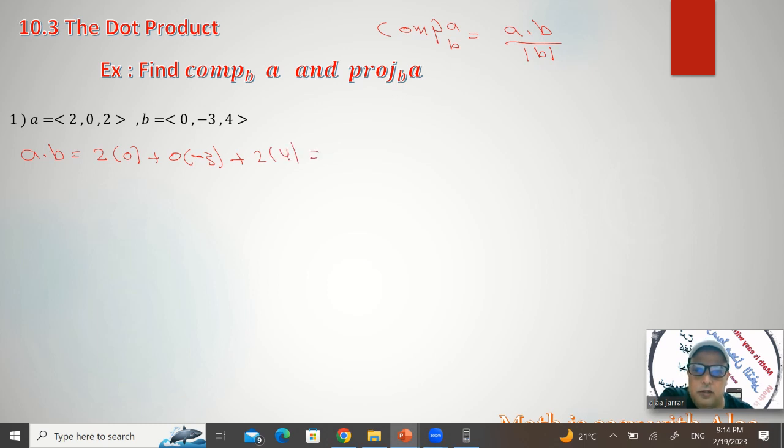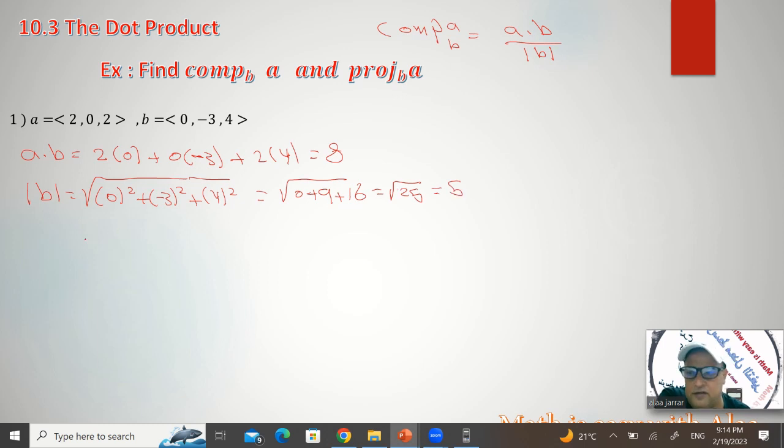And it will be 8, because 2 times 0 is 0, 0 times negative 3 is 0, 2 times 4 is 8. And the magnitude of B will be 0 squared plus negative 3 squared plus 4 squared. This is the second step. It will be 0 plus 9 plus 16, equal to 25, radical 25 is equal to 5.